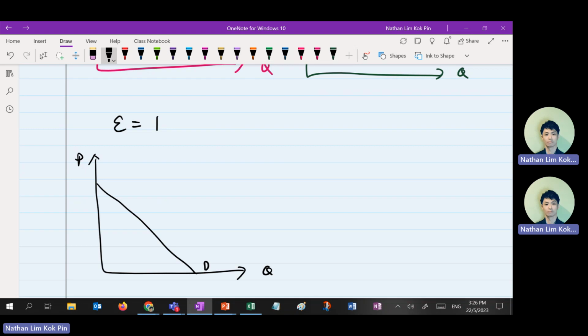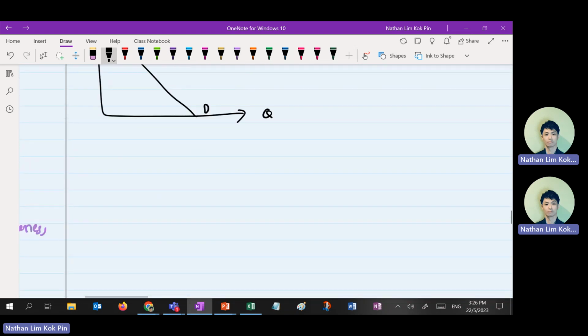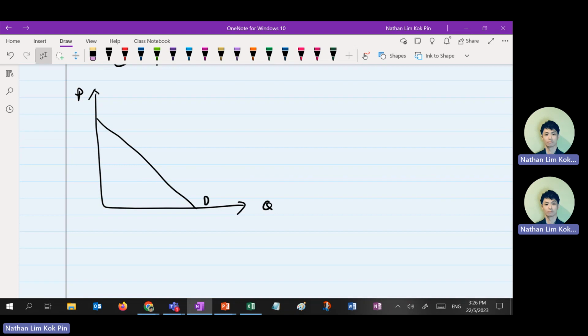One feature that you may want to take note of for unitary elastic: regardless of what the change in the price and the change in quantity demanded is, the percentage is always the same. This is the first thing. The second thing is their total revenue will always be the same.